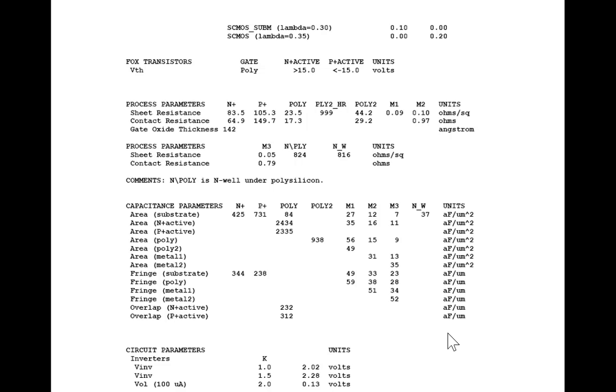This is unrelated to this, but we had the same list in the homework. Where on that list does it mention the dimensions, like the minimum width and minimum spacing? The design rules are not given here. But if we say a 0.5 micron process or a 20 nanometer process, then you know there's a minimum feature size for that process.